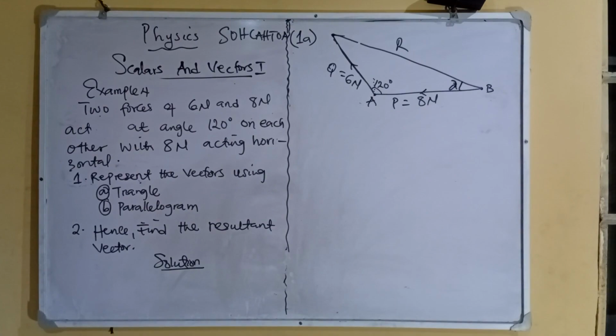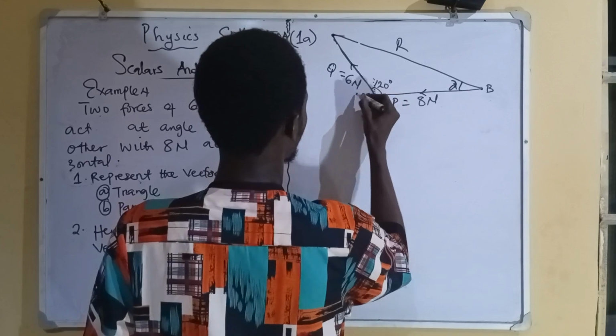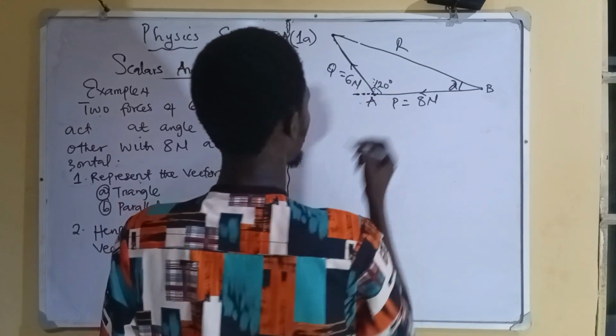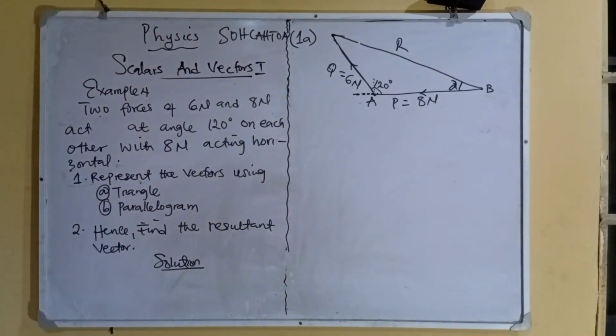Knowing how to represent your vectors in a diagram like this is very, very important, because it will really guide you. So you have represented those vectors using a triangle.